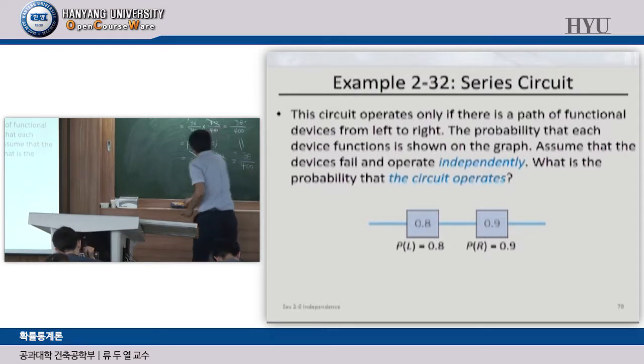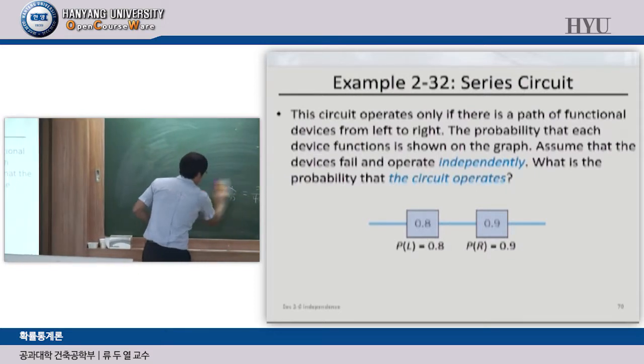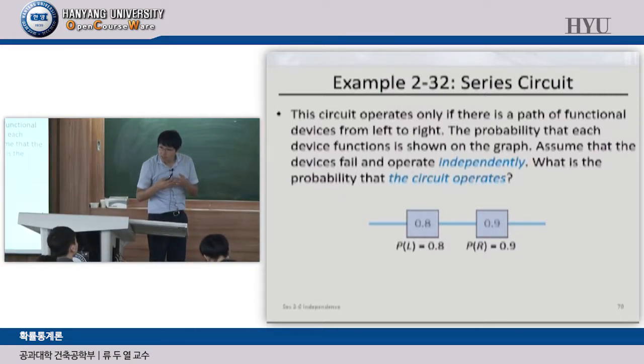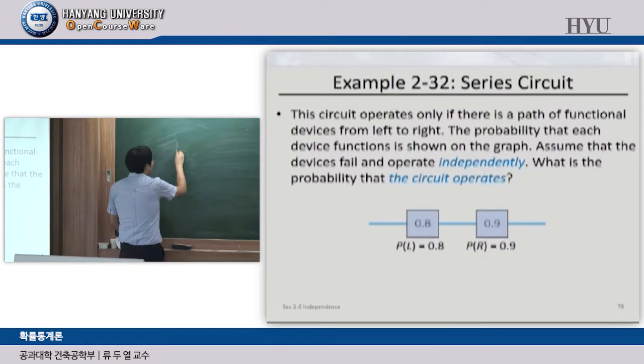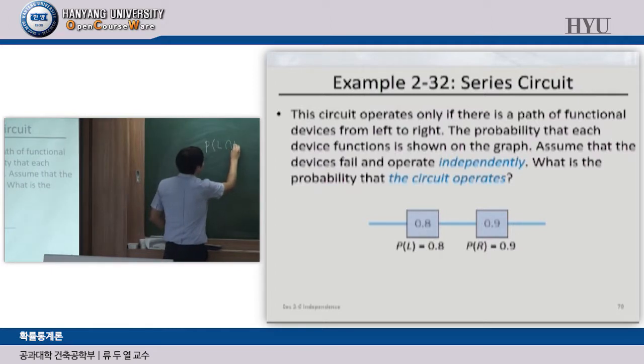So these two devices are connected as AND condition, right? For this question, how can we calculate the probability for this? It can be the probability of the intersection of left device and right device. Okay?